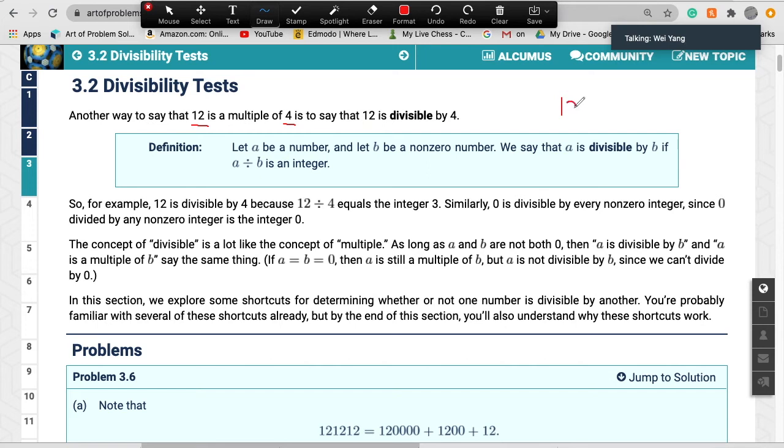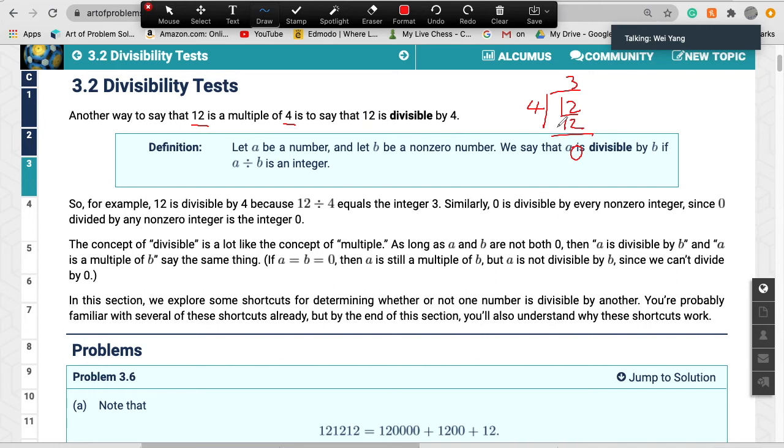You get the quotient 3, and the remainder is 0. So that means 12 is a multiple of 4. Right? You just do a division check test. If you got a remainder of 0, that means the larger number is a multiple of the smaller number.